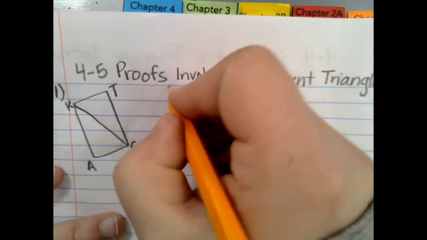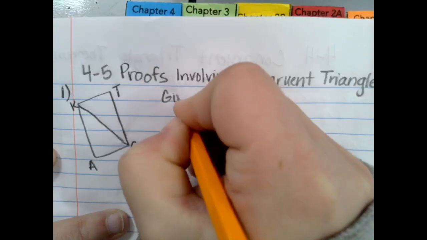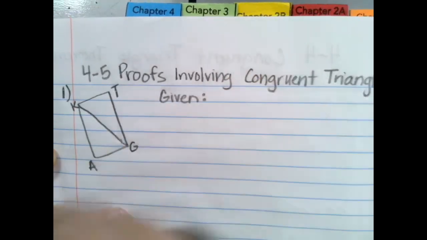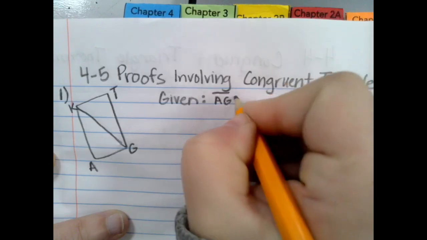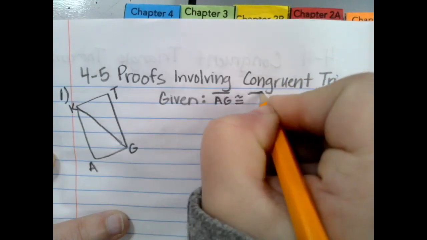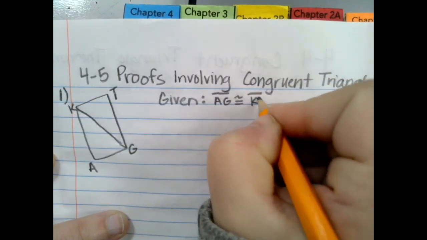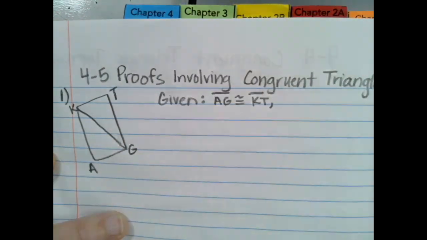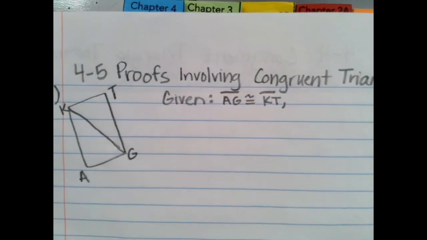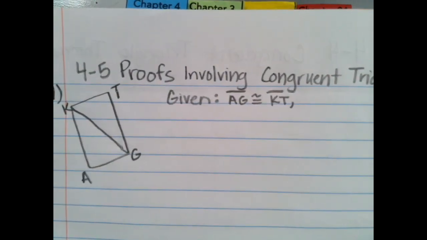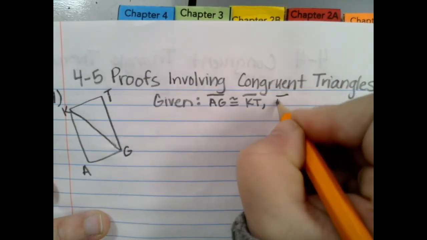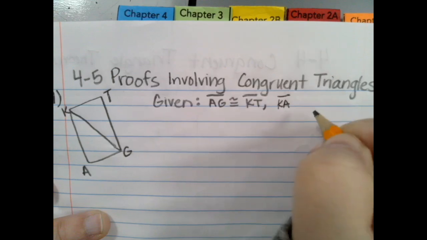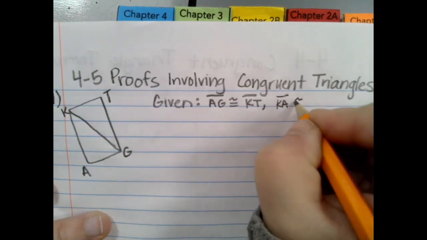All right, what we are given is that segment AG is congruent to segment KT. We're also given that segment KA is congruent to segment TG.